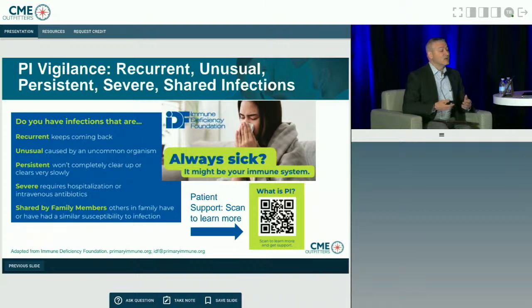They're a little less granular and focus more upon considering primary immunodeficiency in patients who have unusual, recurrent, or persistent infections, and reach out really to families and patients in order to achieve the goal of a timely diagnosis.